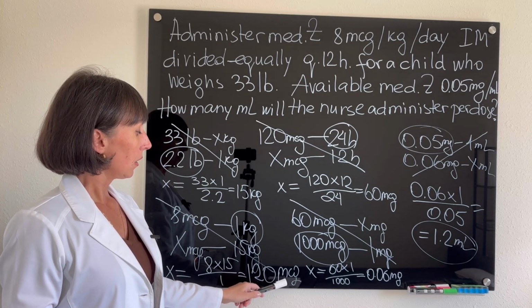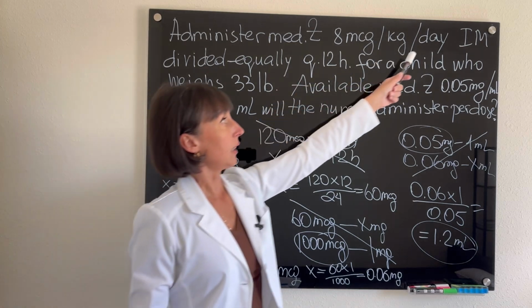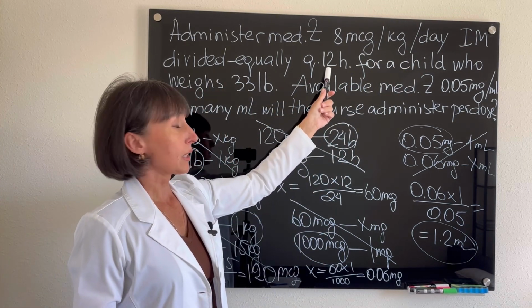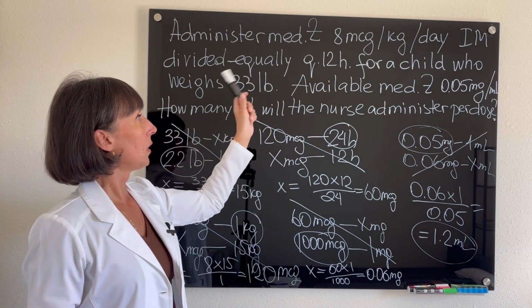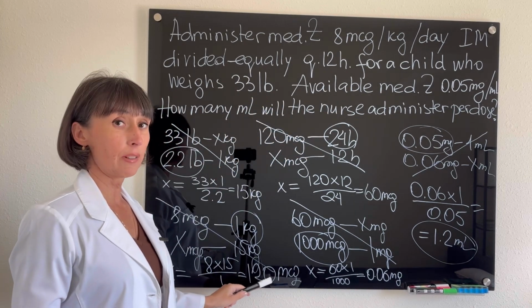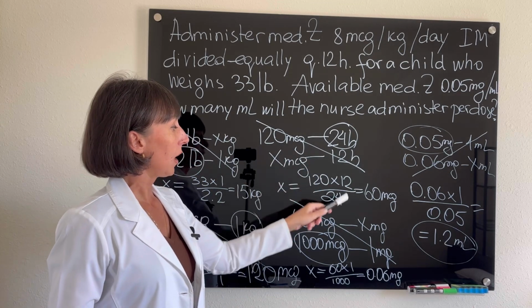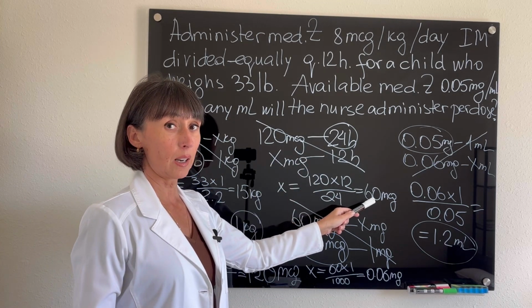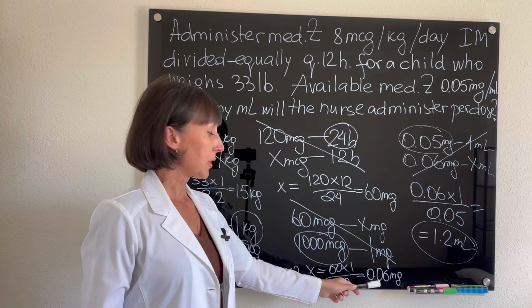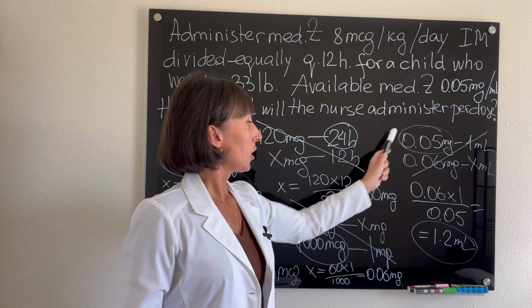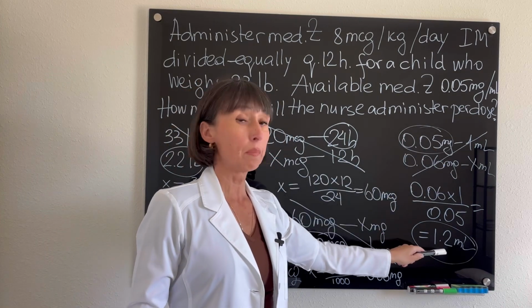We then said that it's per day. We need to find per dose. There should be 2 doses in a day divided equally, right? The amount we found, we need to divide equally into 2 doses. And we found that every 12 hours we'll give 60 microgram. Then we converted our 60 microgram to milligram in order to compare to our concentration and calculate our milliliters.